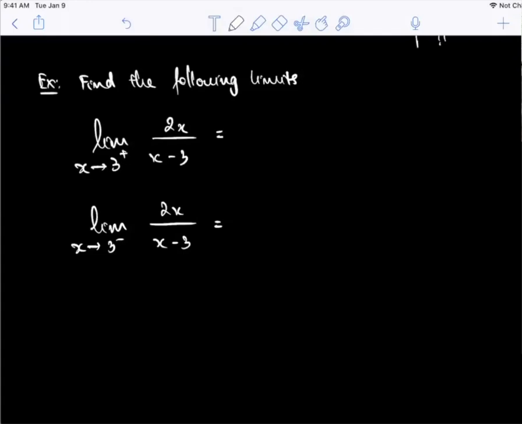You can see that 2 times some positive number, because on the right of 3 is still positive, so x minus 3 has to be a positive number as well. And therefore, you conclude that this should be positive infinity.